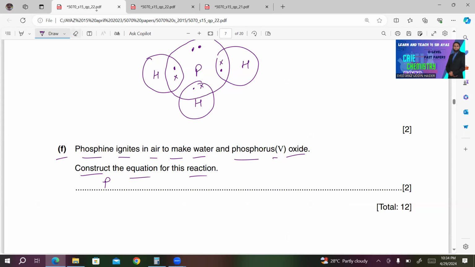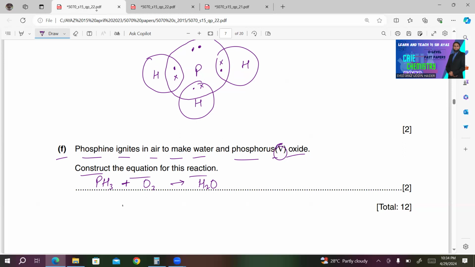Sorry, there's a mistake. Phosphine is PH3. PH3 is not phosphorus. Phosphine is PH3 plus ignite in air, which means reacting with oxygen. The products are water and phosphorus 5 oxide. Water is H2O. Phosphorus 5 oxide means the valency of phosphorus is 5 here. Valency, or you can say oxidation state.